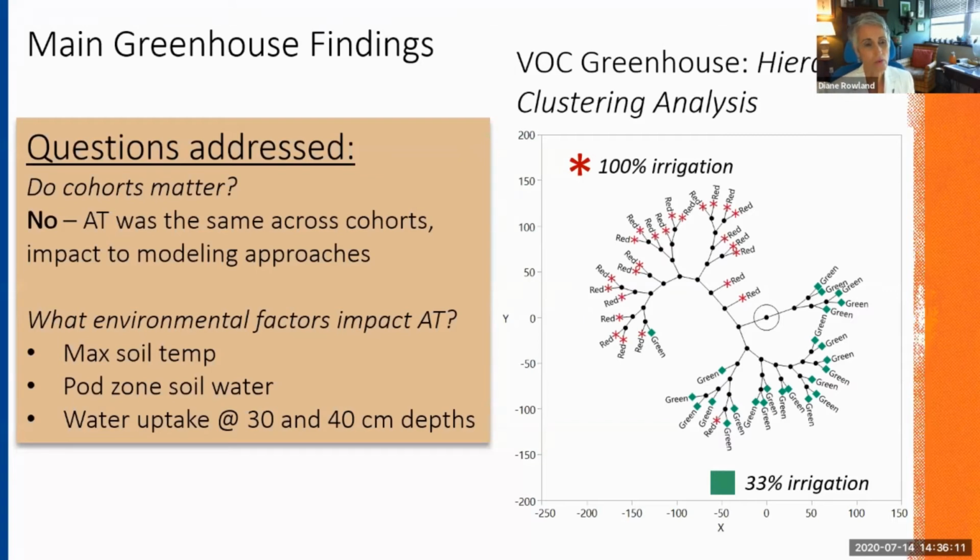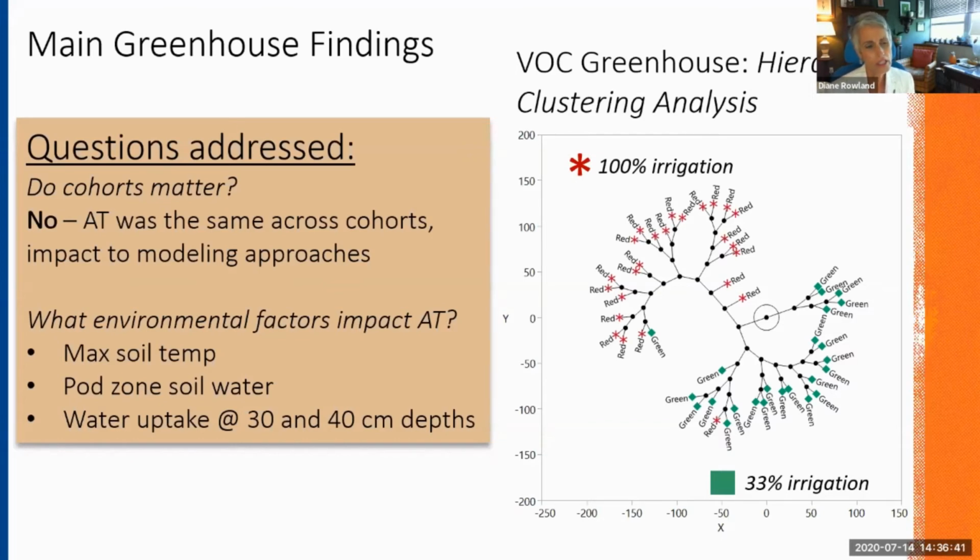The second, when we pooled all of the environmental data and looked at their relationship to aflatoxin, we found, of course, that the maximum soil temperature and the pod zone soil water had a very important and critical relationship to aflatoxin. But the other thing that was good, I think, and novel is that the water uptake of the plant at 30 and 40 centimeter depths also was important and related to aflatoxin.